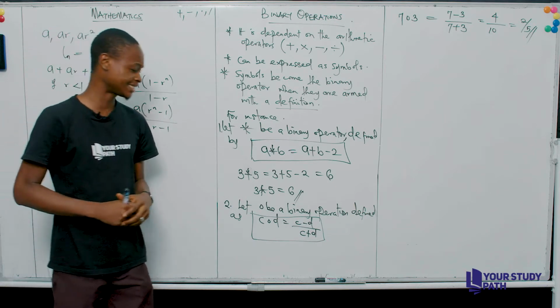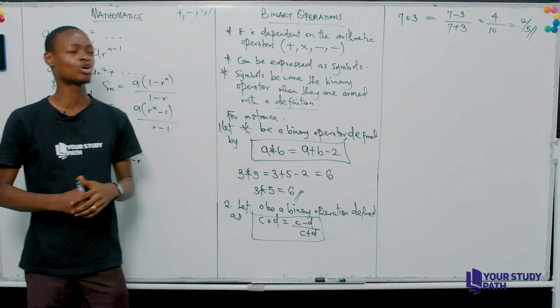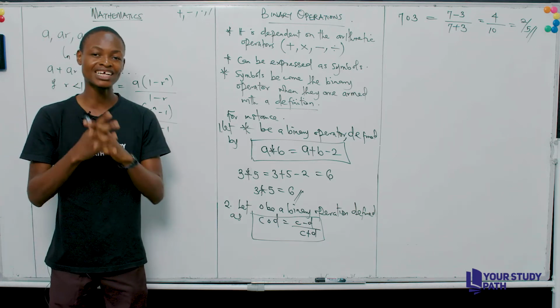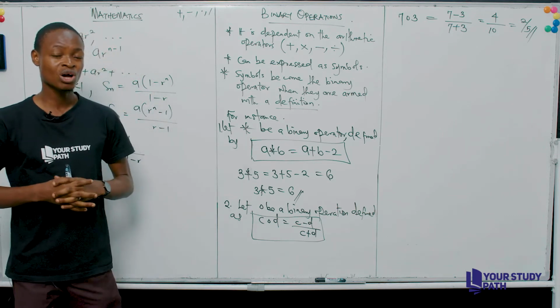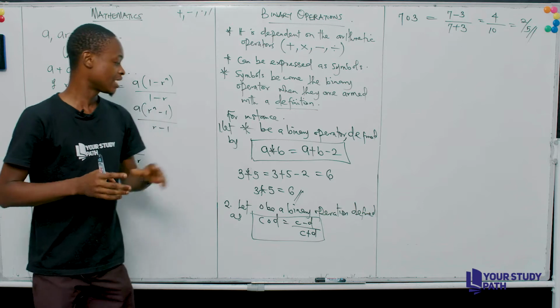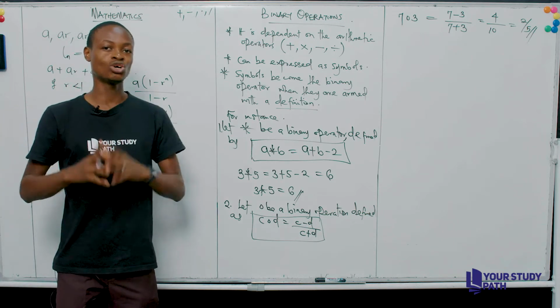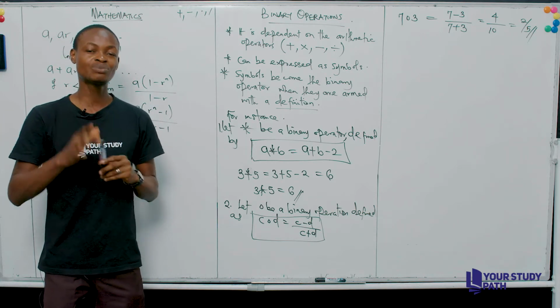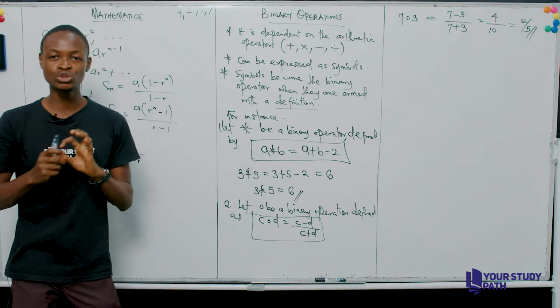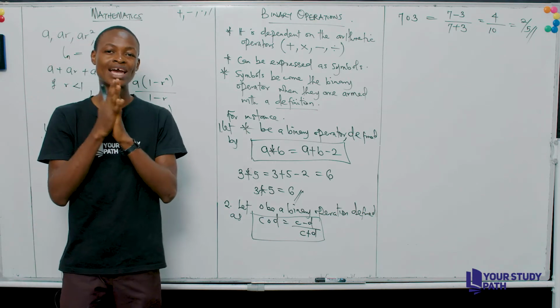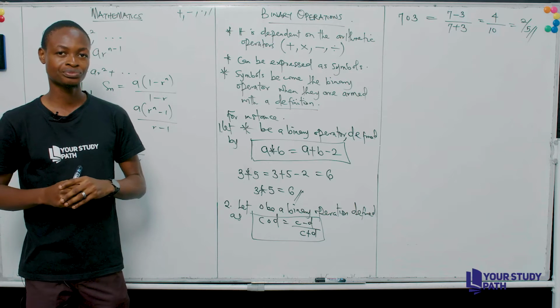Now, the most important thing that you have to take note of as far as binary operators are concerned is the fact that a binary operator is not necessarily an operator where you can change the order. You must be very, very careful as to how exactly you were given the binary operator.